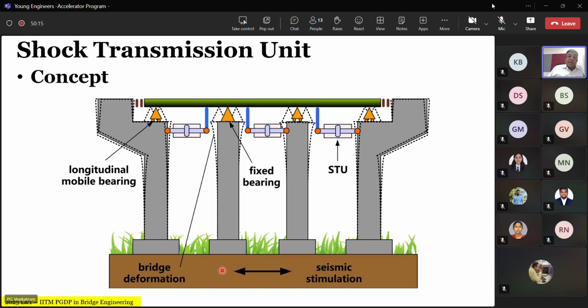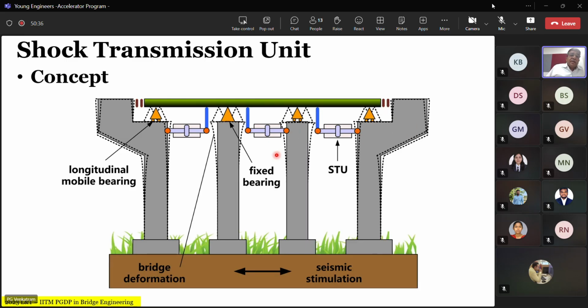When a fast acting displacement takes place, the inertia will first engage this, but when this starts moving fast, there will be a relative movement at a fast speed happening here. Then this will lock, this will lock, this will lock, and once this locks, the movement of the superstructure will also be restrained by all the 3 piers. Then the whole system will rock together.